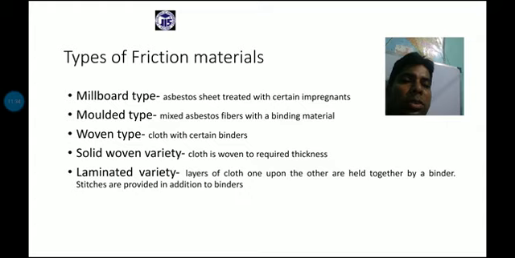So according to the uniform wear theory, the total torque transmitting capacity MT is equal to mu P max into D by 8 into (D square minus d square). That means capital D by small d ratio you have to mention, and that ratio is calculated as per the conditions of maximum torque. So that is D by d is equal to 1.732.